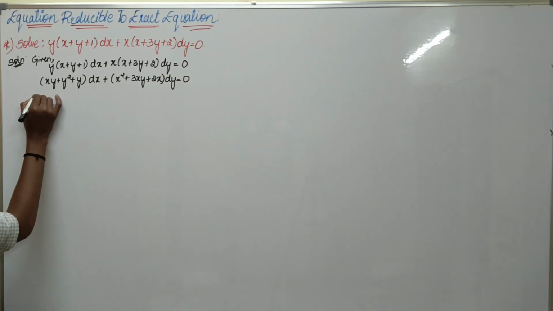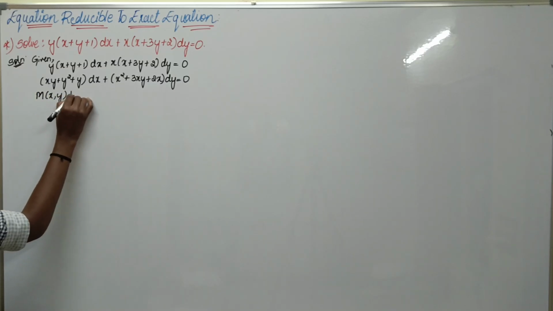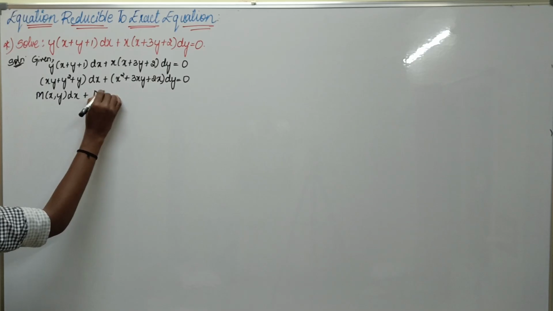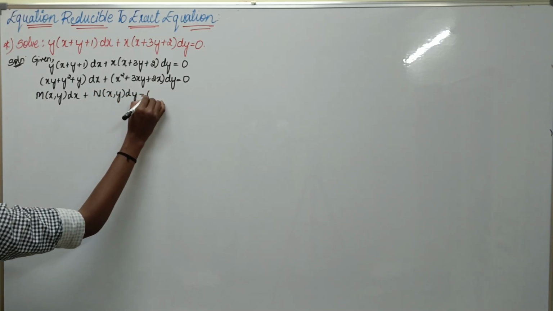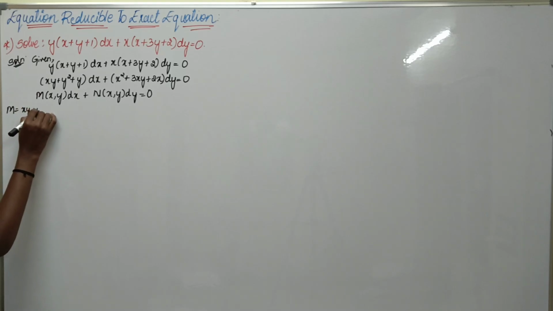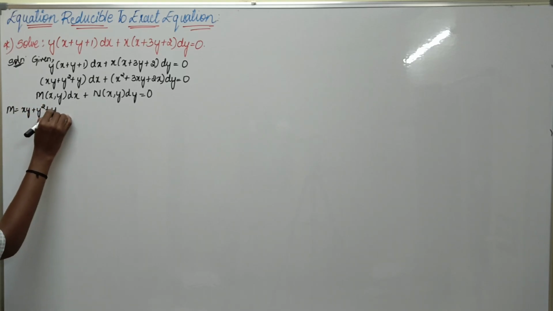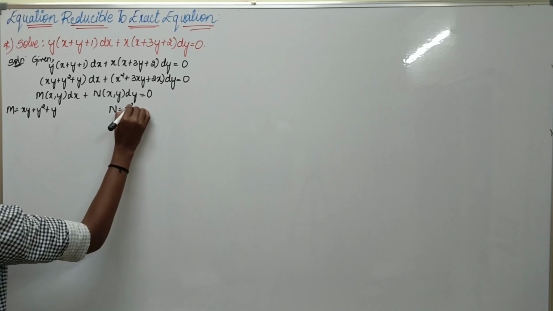This is of the form M of x comma y dx plus N of x comma y dy equal to 0. Now M represents xy plus y square plus y, where N represents x square plus 3xy plus 2x.